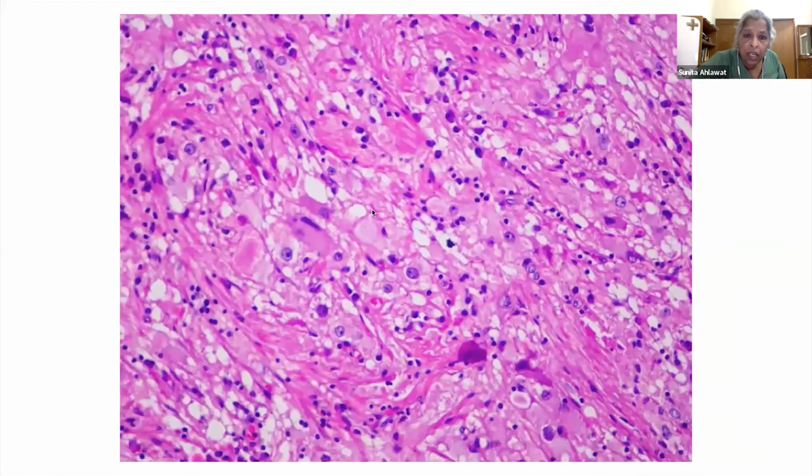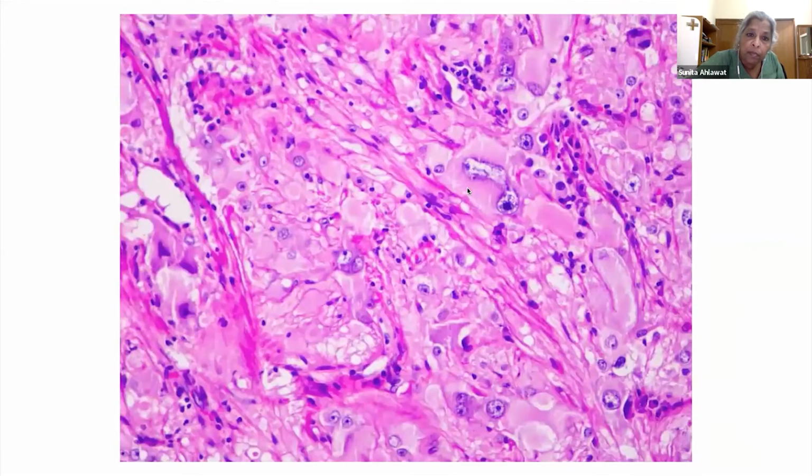These are looking glial, and these cells are looking like primitive cells. These are looking like neuronal cells with very prominent nucleoli. There are some mitoses also.